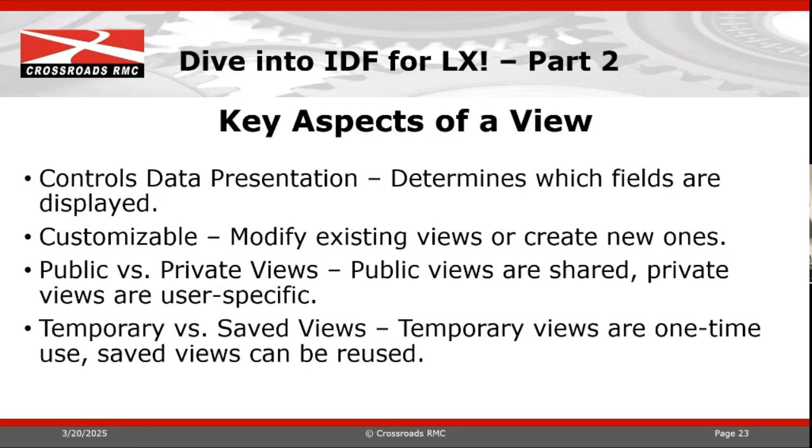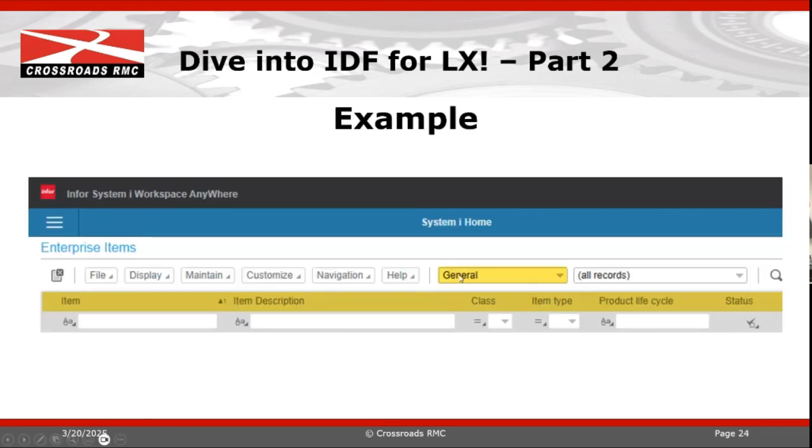So those are the different types of views and some examples of views. You can see in this instance, we've opened enterprise items. You see I have highlighted the general drop-down menu. This first drop-down menu is the list of views that you have available at your fingertips to select.